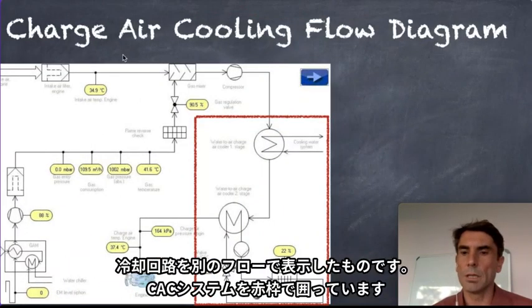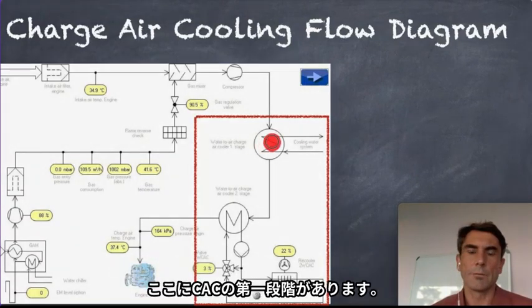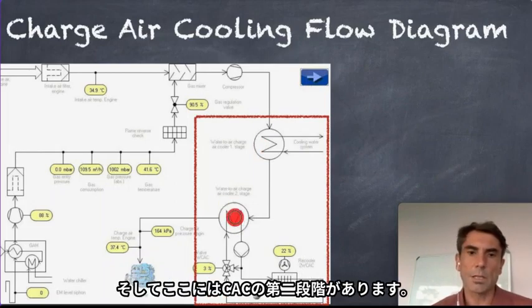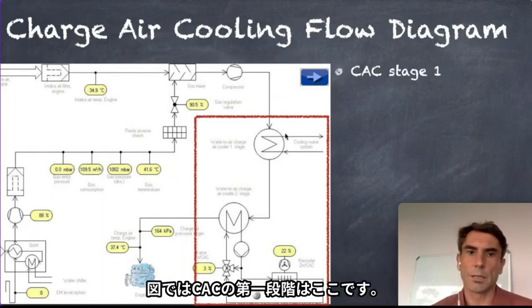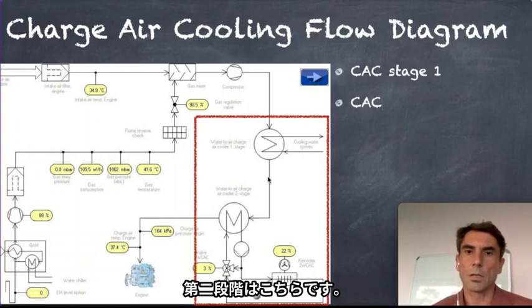Okay, we know already the charge air cooler system, so we have the flow diagram. We have here the first stage, which we saw on the other page as well, parallel to the engine. Then we have the second stage, here. Charge air cooler stage 1 is this area here, and charge air cooler stage 2 is this area down here.